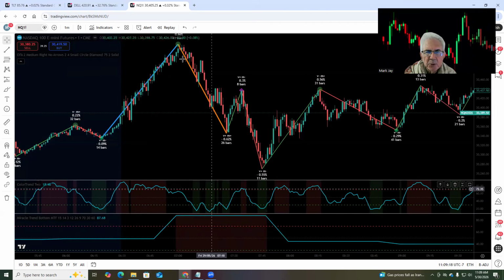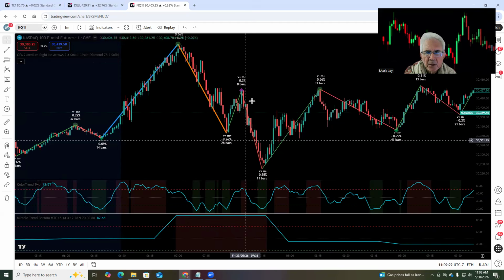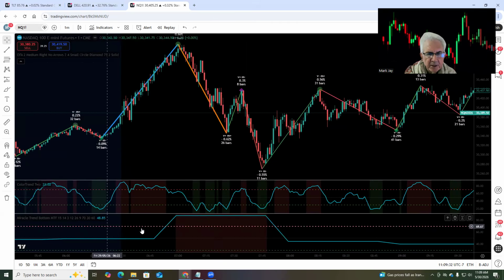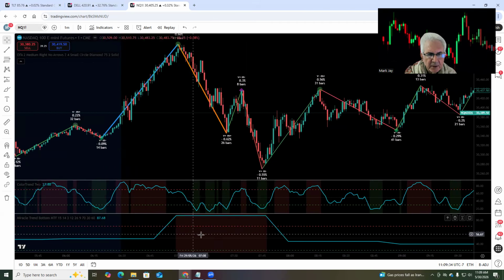And all you want to do, when you see an order flow signal on the top, is make sure that it's within a colored background on the bottom. If it's not, don't take the trade. And on the very bottom, we have a directional indicator, which you don't have to use.